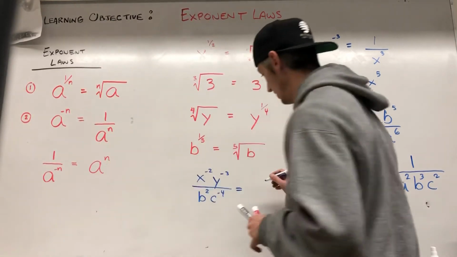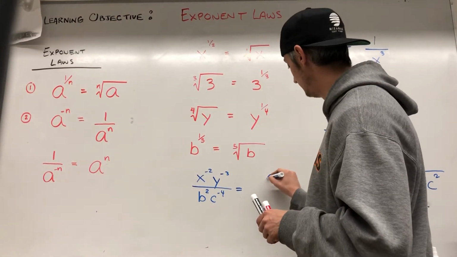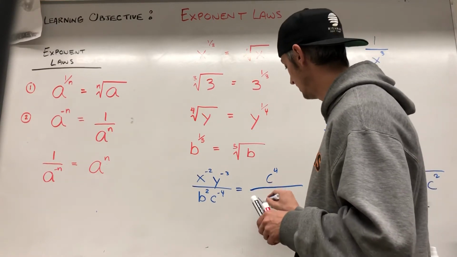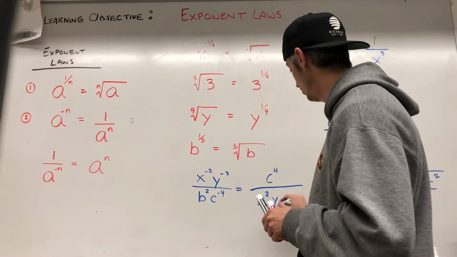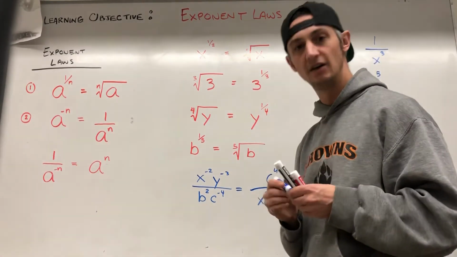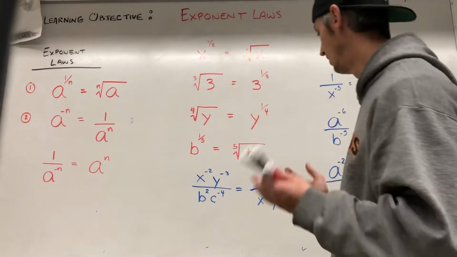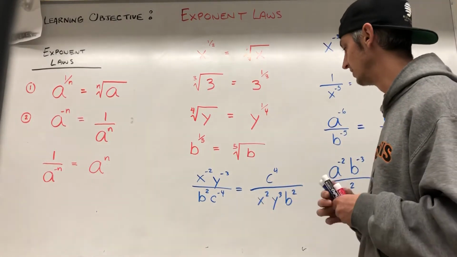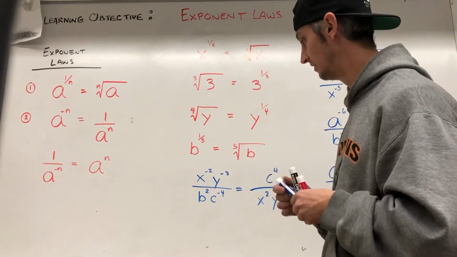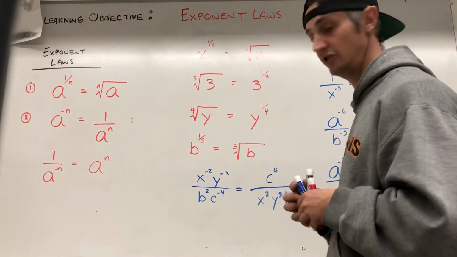So what do we get? Well, we get c to the power of 4 now over x squared, y cubed, and then the b stayed down there because it was perfectly content under the bridge there. So that's what the negative and positive exponents tell us, and we can do this as long as there's no addition signs breaking up the multiplication or division.